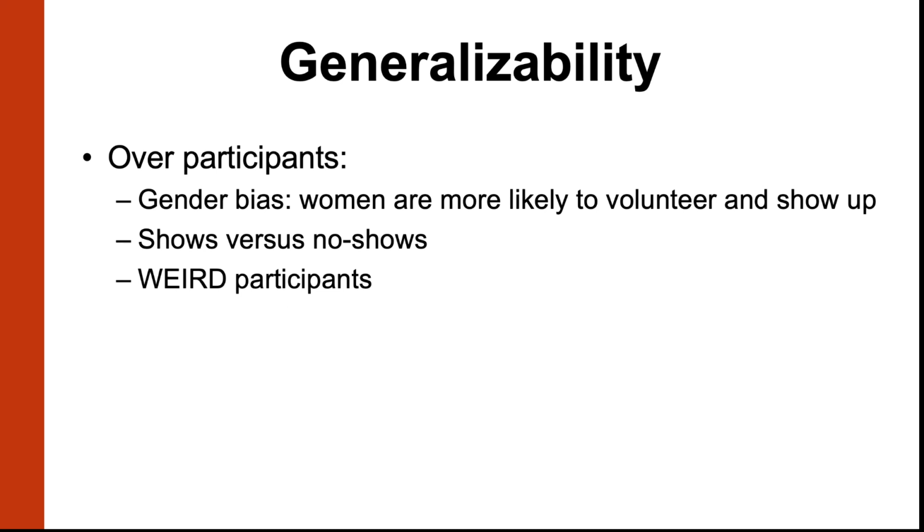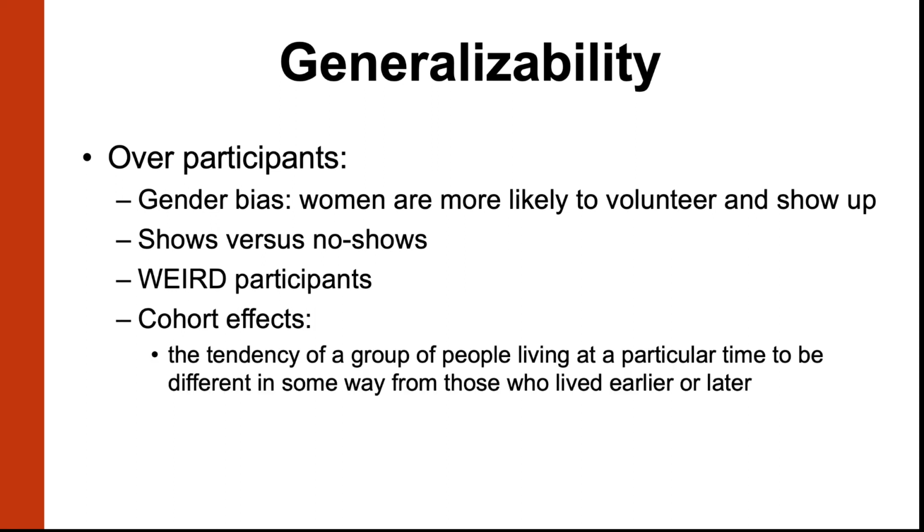Another thing to consider is something called cohort effects. Cohort effects refer to circumstances that may affect one generation or one group of people living at a particular time that may be very different from those that live in other periods of time, either earlier or later. Here's an example of that.